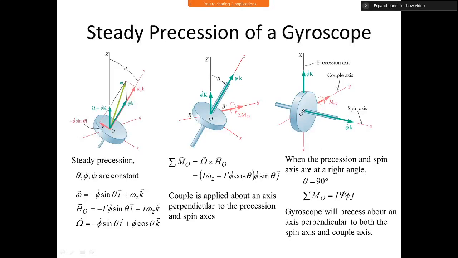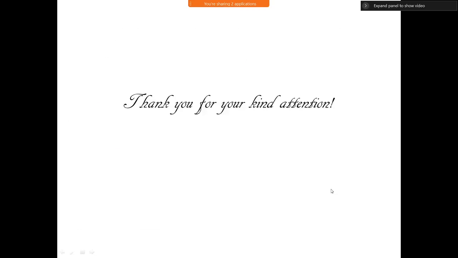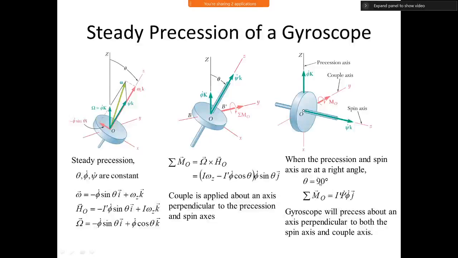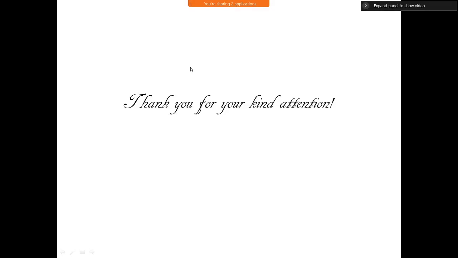The idea is that one thing is important: if there is a spin and there is a precession, then there has to be a moment in the third direction. That is a very important concept of gyroscope, and this is given by half times spin times precession angular velocities. This is again for a special case of 90 degrees, but you have more generalized expressions which I'm skipping right now. So I think that's all for this course.